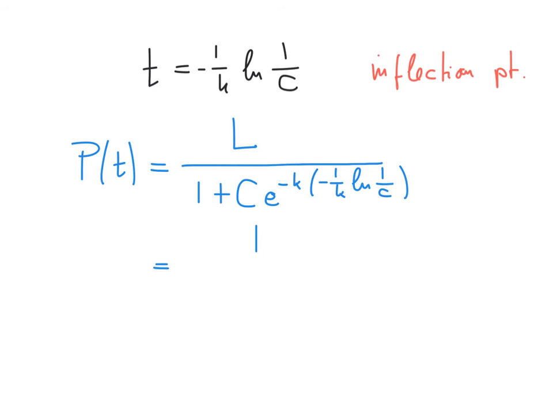So it would be L over 1 plus, what do we get? We get c. Now e to the minus k times minus 1 over k is just 1, right? So this times this is 1. So we'd be left with e to the ln 1 over c. But e to the ln is just whatever comes after ln, and that's 1 over c. So it's c times 1 over c, which is 1. So the whole thing is L over 2.